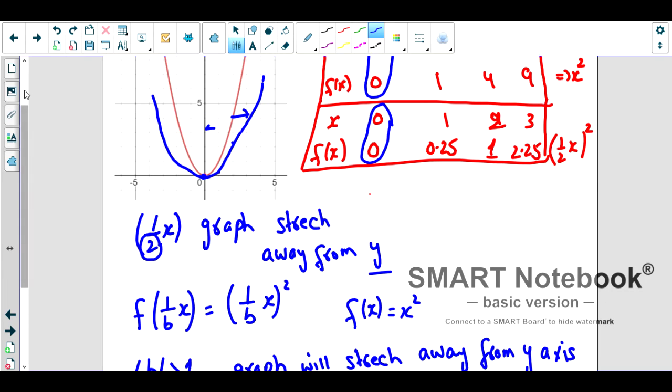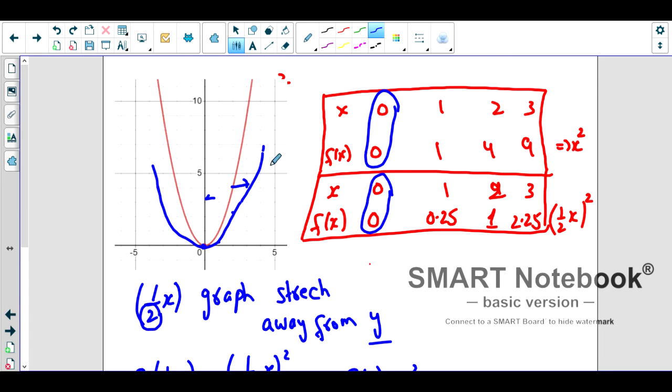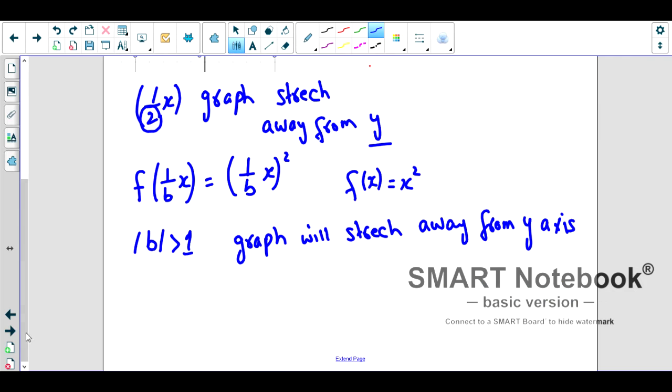We just used an example here. We saw the graph stretched, and if the value is between 0 and 1, it will do the opposite. It will go towards the y-axis. You can check this case. Okay, this is the rule.